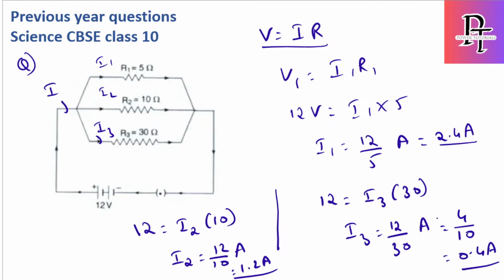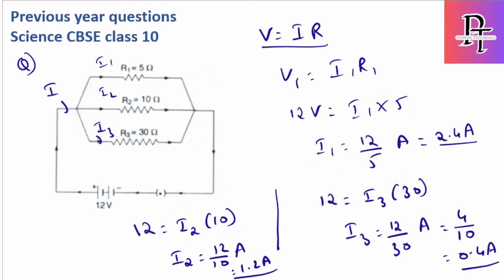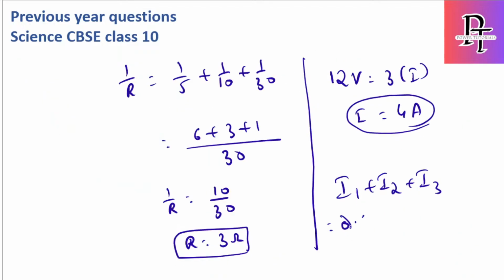So if I add all three, I1 plus I2 plus I3, that is 2.4, 1.2 and 0.4, I'll get the same value, which is 4 amperes.